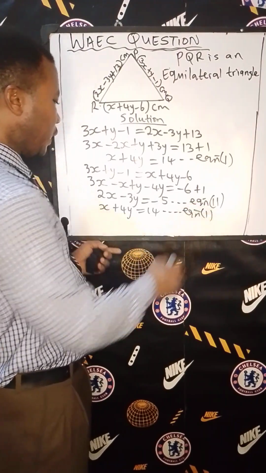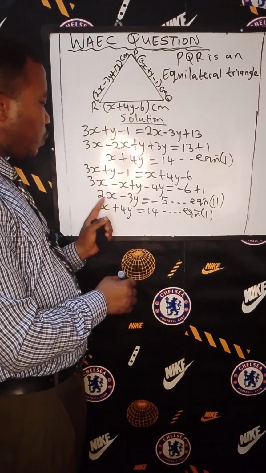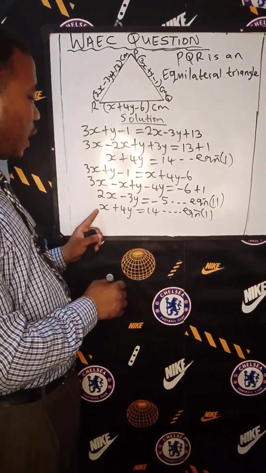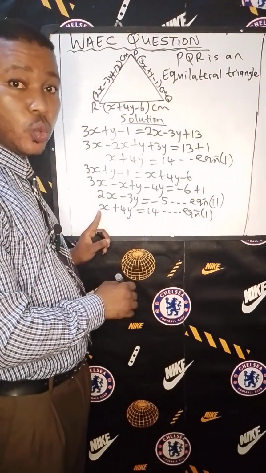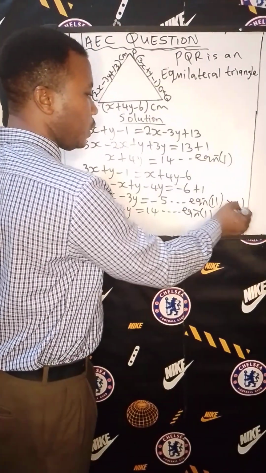Okay, good. So what we do here is that we multiply equation 1 by the coefficient of x in equation 2, which is 1. So here it is going to be times 1.